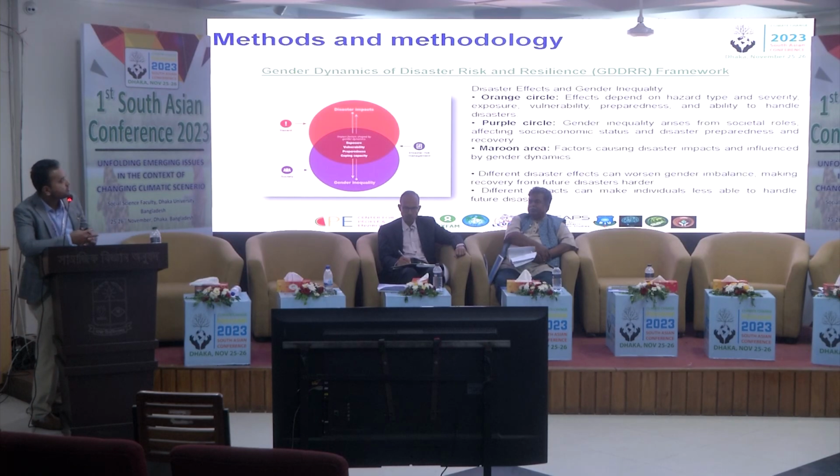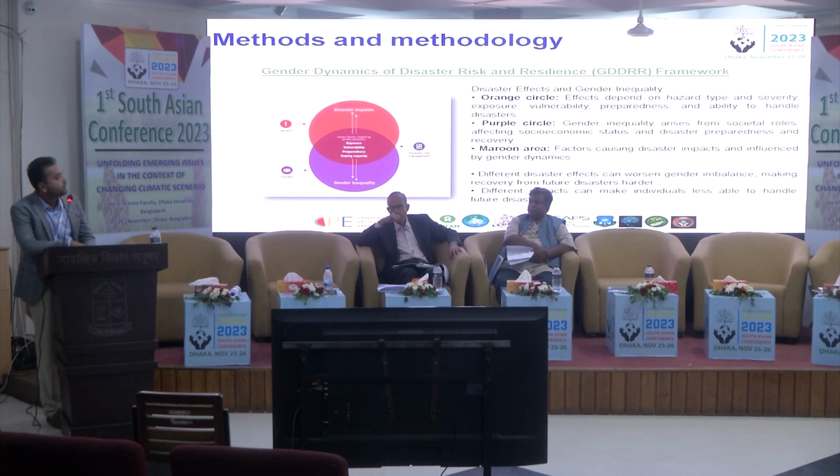When these two mix, the maroon area is the factors causing the disaster impacts, influenced by gender dynamics. Here are the four areas of factors: exposure, vulnerability, preparedness, and coping capacity. Mainly, different disaster effects can worsen gender imbalance and make recovery from future disasters harder.